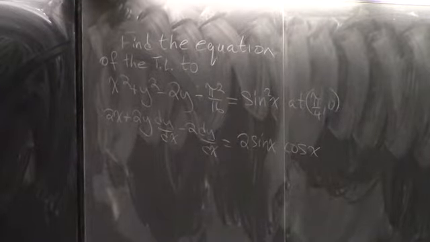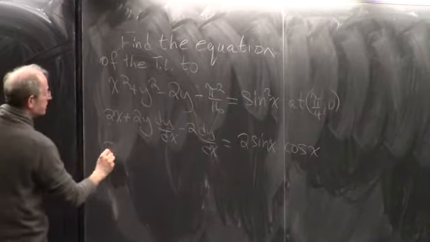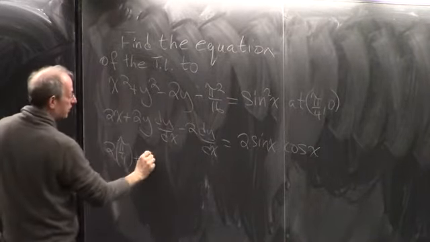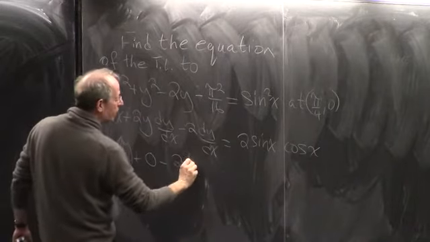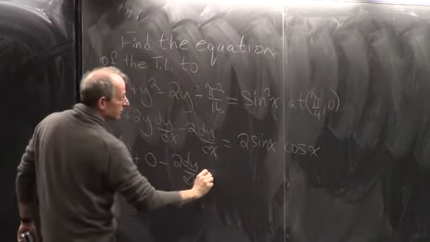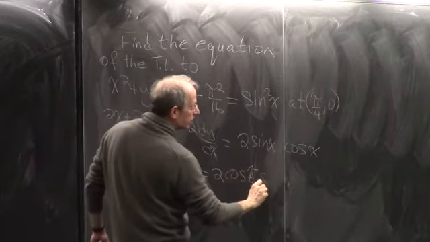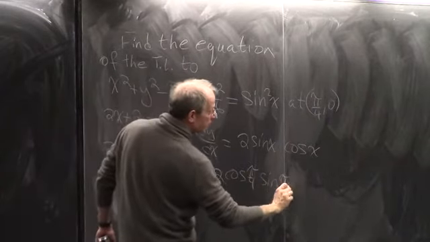Now we plug in pi over 4, and you get 2 times pi over 4 plus 0 minus 2 dy dx equals 2 cosine pi over 4 sine pi over 4.